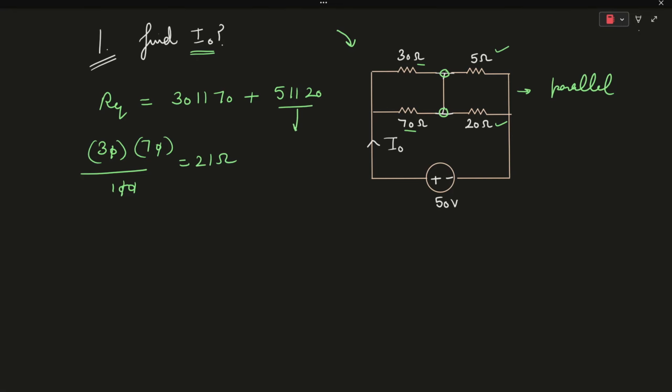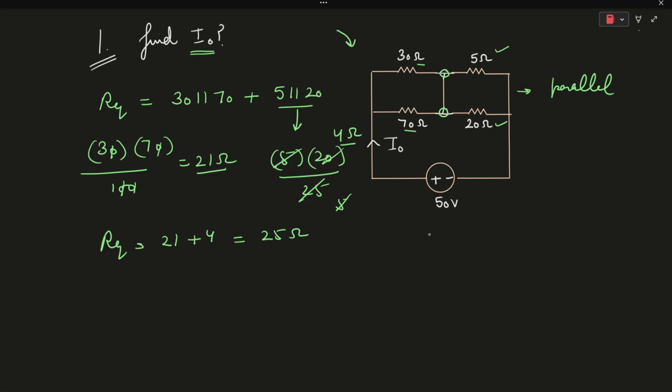Similarly, 5 into 20 over 5 plus 20, which is 25, is equal to 4 ohms. These two resistors are now connected in series with each other, so R equivalent will be equal to 21 plus 4, which is equal to 25 ohms.